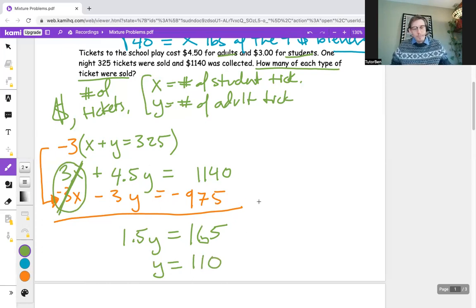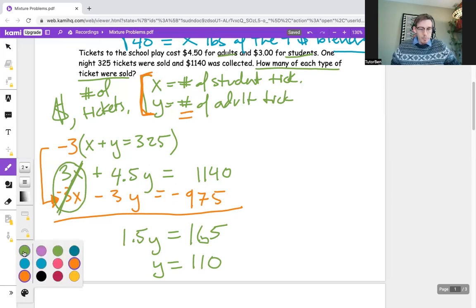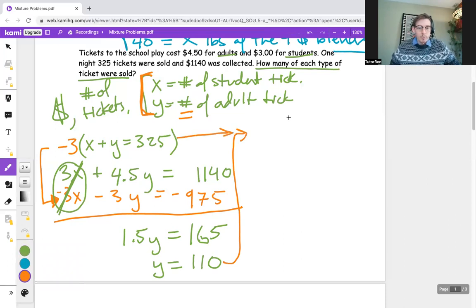All right. So this is where it's important to remember, and why I recommend defining your variables at the beginning. This y, this 110, represents the number of adult tickets sold. So 110 adult tickets were sold. Now we can just go back to that first equation. We had x plus y equals 325.